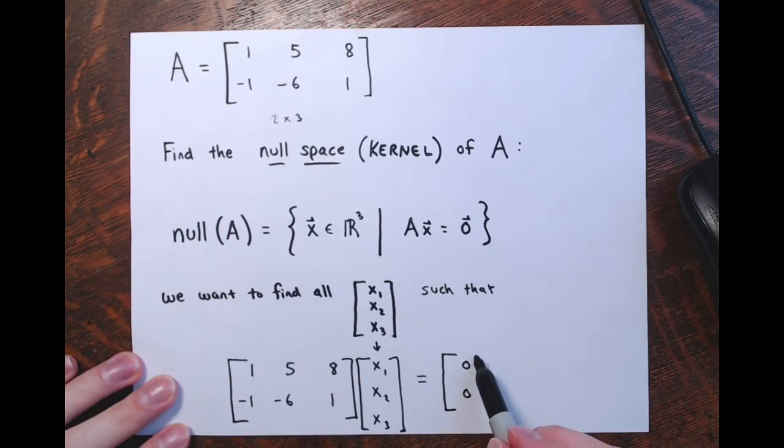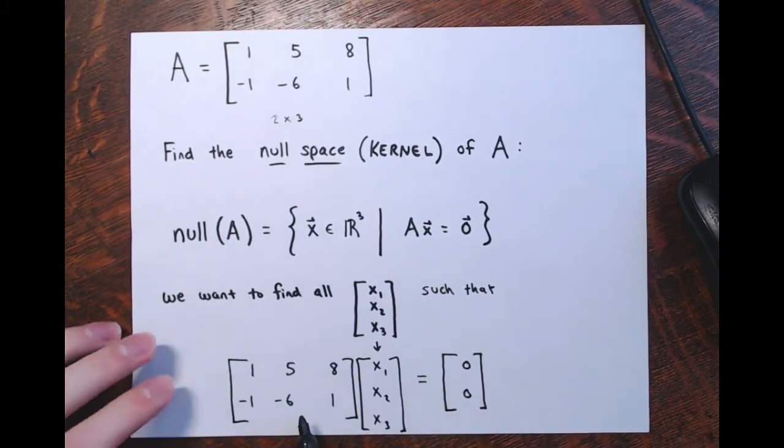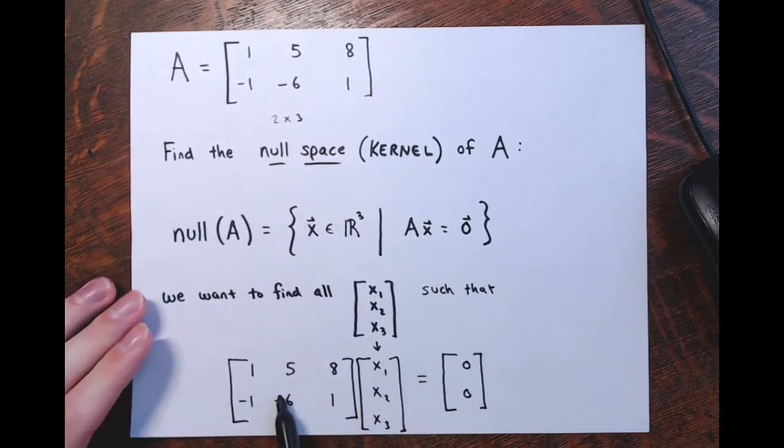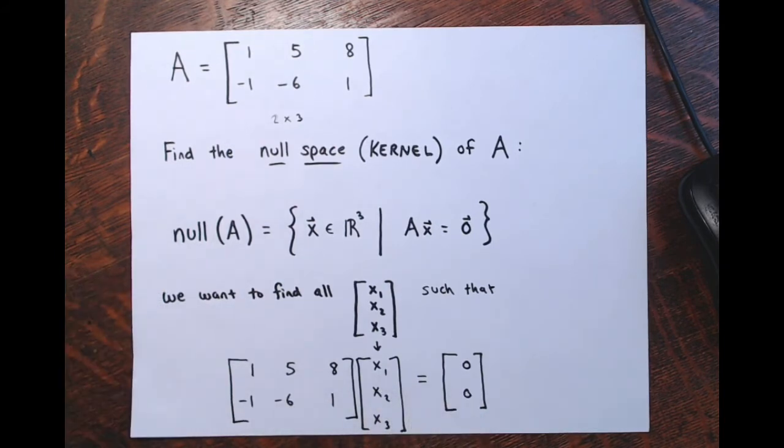I said R3 earlier. But I want to find all these vectors from R3 such that this product will be equal to the 0 vector.